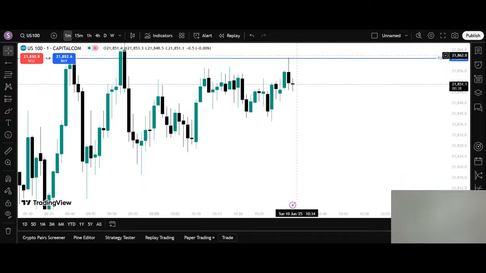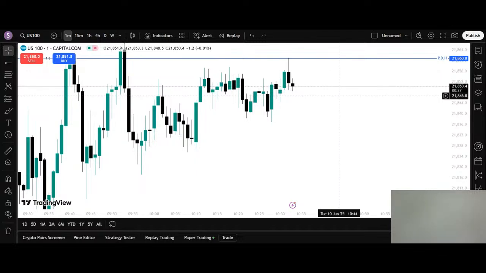Price touched the previous day high right here and rejected off of it. But we're not gonna take a trade within this 15 minutes or so.